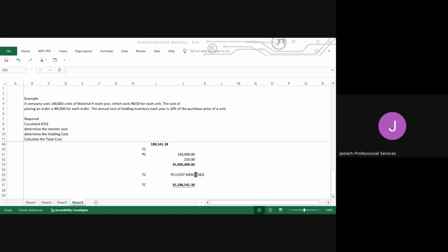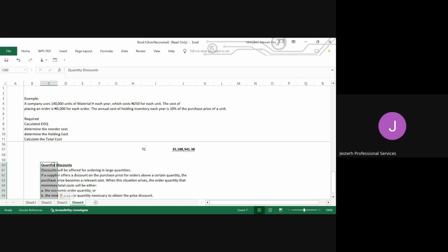What if they decided to issue discounts to a company to help them purchase more at the reorder level period?